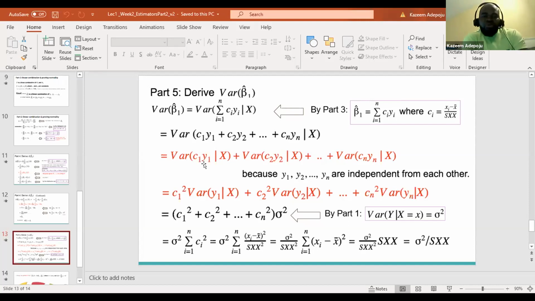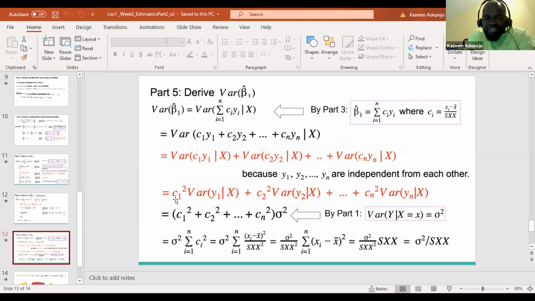Now, another thing I want you to know: C1, C2 up to Cn are constants. If I want C1, a constant, to go out of the variance, then the constant is going to turn to a square.